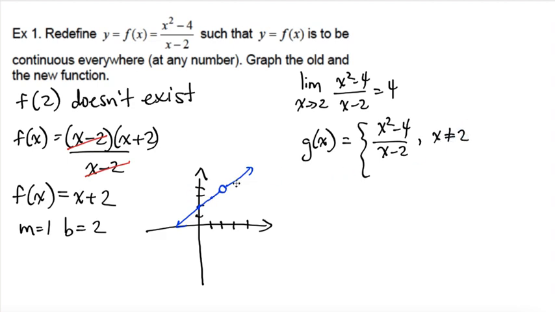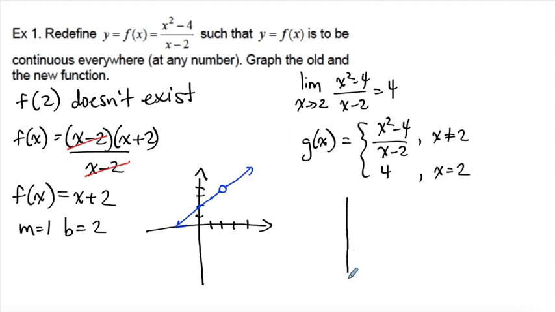And in order to make it continuous, we need this hole to be filled in, so we need the function to be 4 when x is equal to 2. So that's how we get around the fact that this original function isn't continuous, by creating that piecewise function to make it continuous. So now it's going to be continuous at every single point.